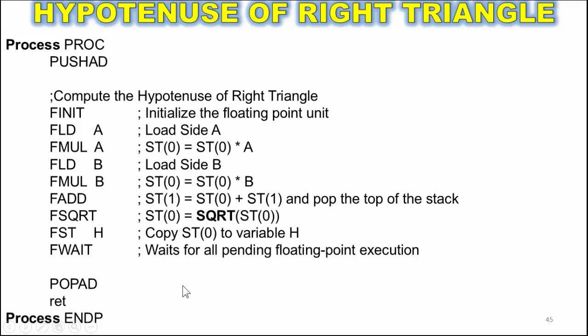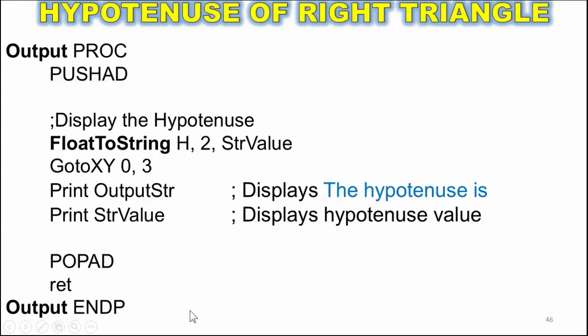The procedure process computes the hypotenuse using the floating point instruction set. I already explained these codes a while ago. The procedure output displays the hypotenuse.